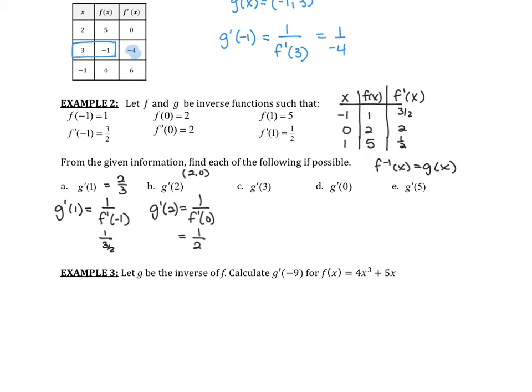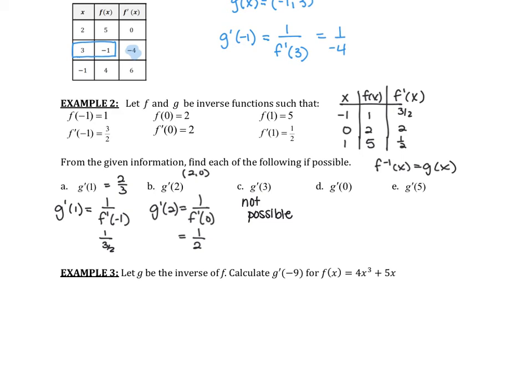Remember, the range of f would be the domain of g. So the domain of g being 3 should mean it's in the range of f. And since we don't know that, we don't know enough about these functions, this is not even possible. It's not possible to find the derivative of g at 3 because we don't know any range values for f at 3.